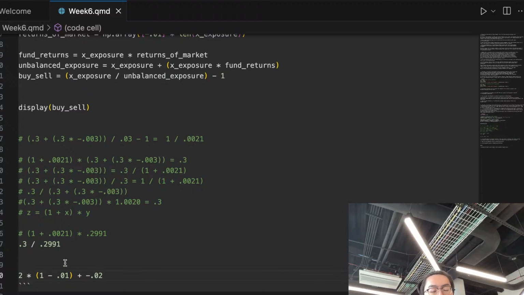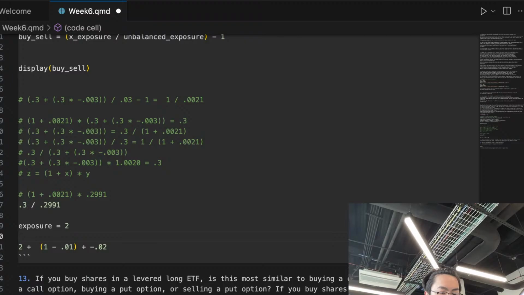So like, this is the exposure. We have 2, and then we add. Let's see. So exposure is equal to 2, and then we also have our return is equal to, it'll be 2 times.